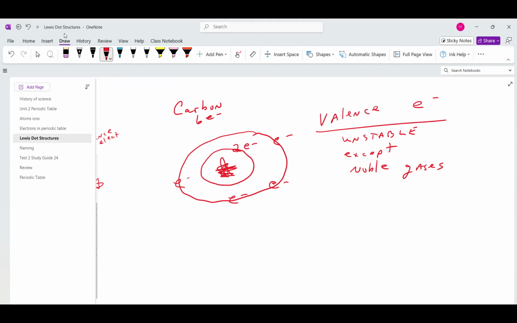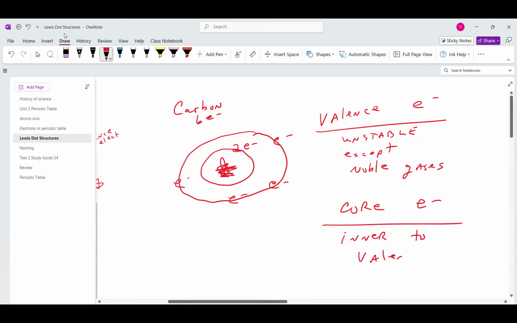Okay, the other electrons that aren't valence are called core electrons. So the valence electrons are in the outermost orbital. Doesn't matter how many orbits the atom has.